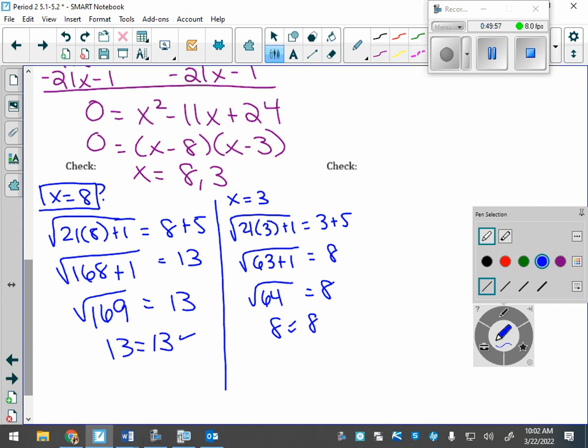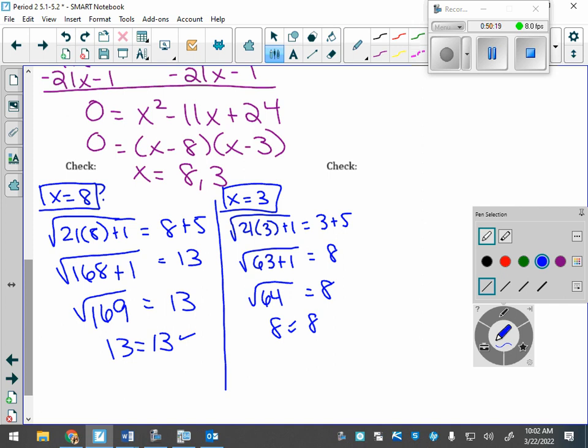Yes. 21 times 3 gives you 63, plus 1 is 64. The square root of 64 is 8. You got 8 on the other side, so these are both solutions. So anytime your directions say check for extraneous solutions, that is what you're doing.